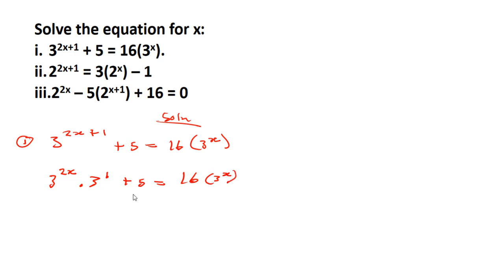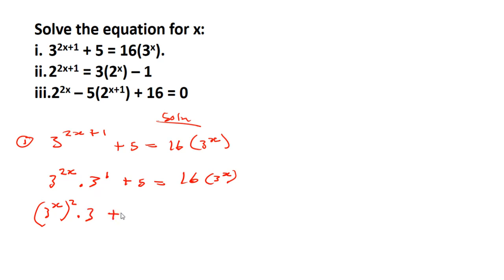After you do that, you can simply rewrite this expression. As you can see, we have a 3 to the power x in those brackets, so we can make this to be related to that. So in such a case, we can simply say 3 to the power x in brackets, and then this 2 can be outside there, and then we can say dot, and we know 3 to the power 1 is just simply 3.